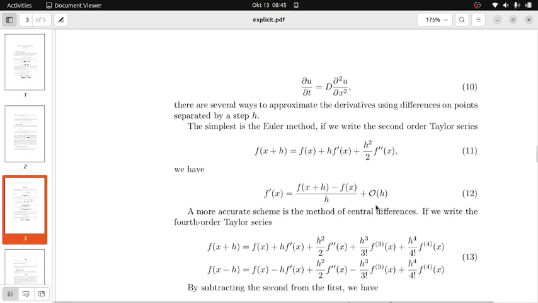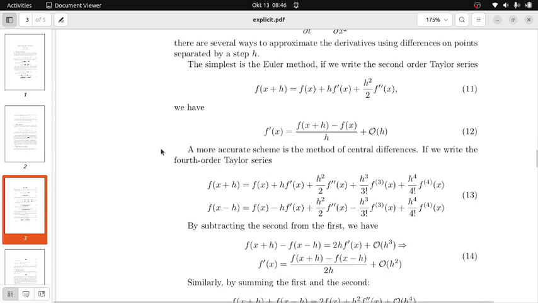Another way to approximate the derivative by differences is the so-called central differences method, or central difference approximation, where I now write the fourth order Taylor series. We have f(x+h) = f(x) + h f'(x) + h²/2 f''(x) + h³/3! f'''(x) + h⁴/4! f''''(x).